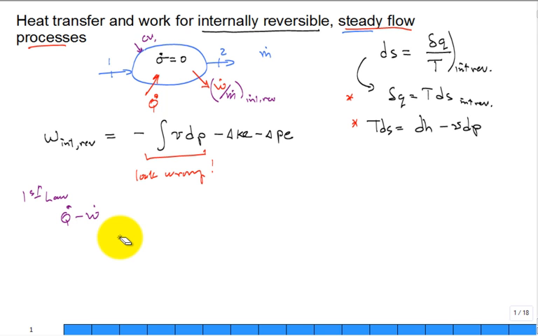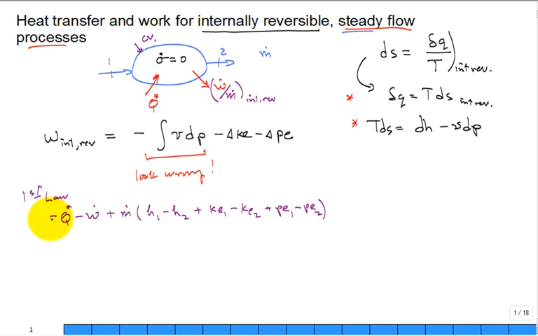The power at which the shaft work is crossing the control volume, and you're bringing in a mass flow rate with its inlet enthalpy, leaving with its exit enthalpy, bringing in with its inlet kinetic energy, exiting kinetic energy, inlet potential energy, exit potential energy.